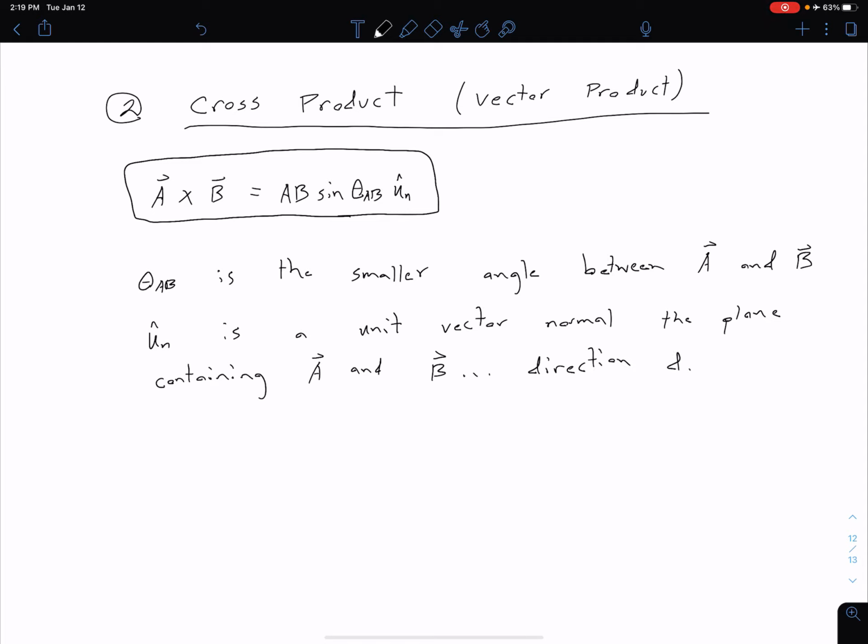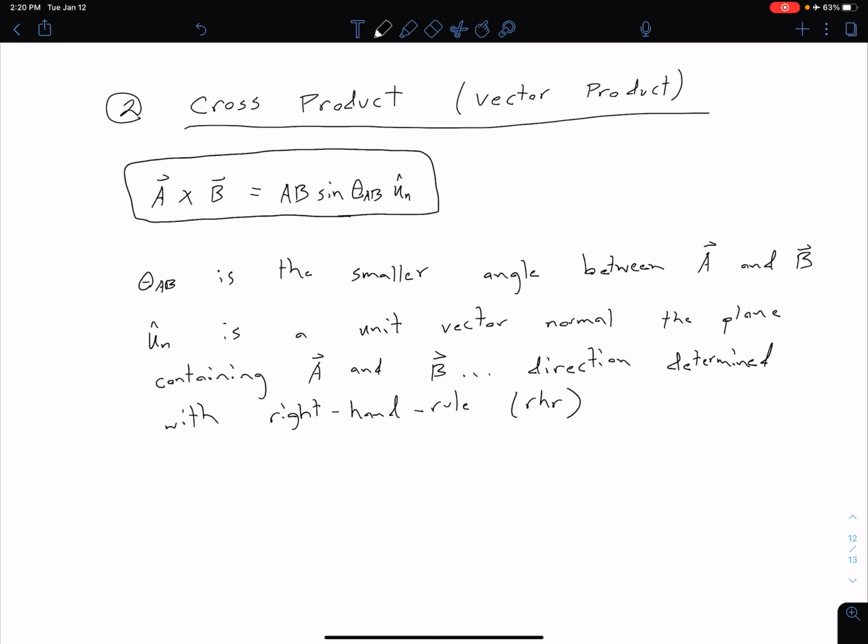So direction is determined with our right-hand rule. This is another thing that you might be familiar with from physics or some other similar class. Sometimes I'll just abbreviate this RHR, right-hand rule.